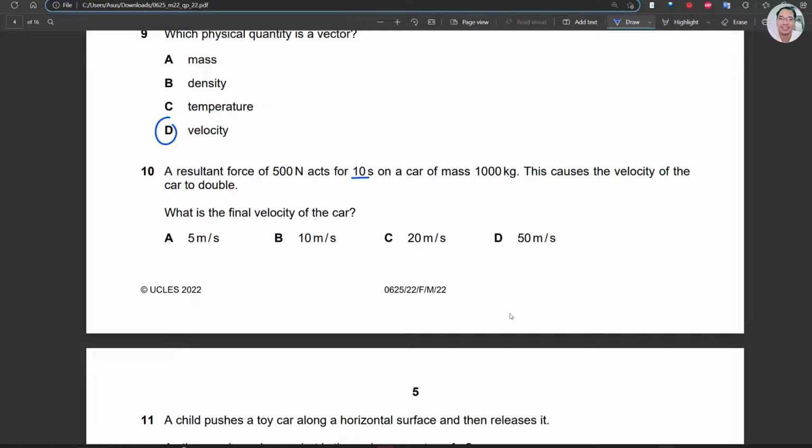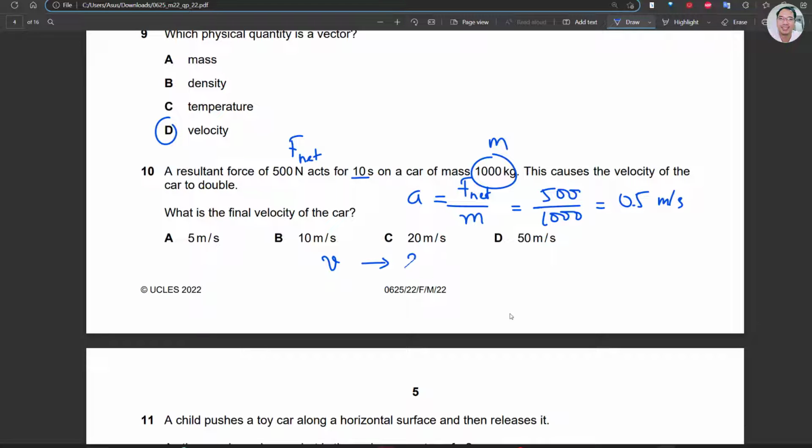Give me a second. 500 newtons. So we have the resultant force and the mass here, so we can calculate acceleration. Net force divided by mass, 500 over 1000, so that is 0.5 meters per second squared. The velocity doubles: call the initial velocity v, and then double meaning 2v.